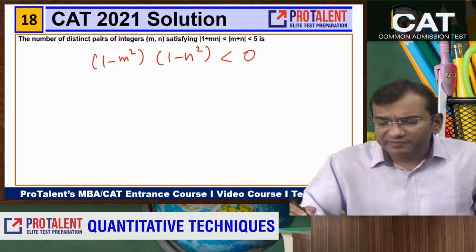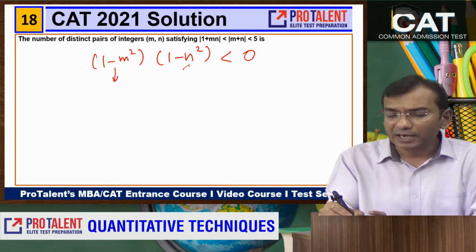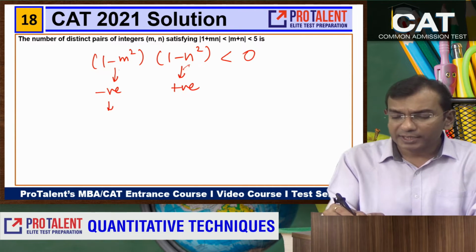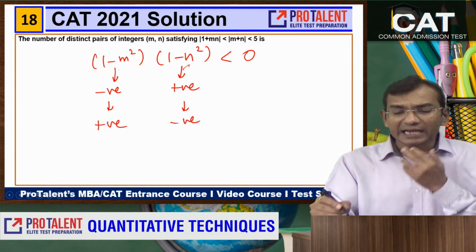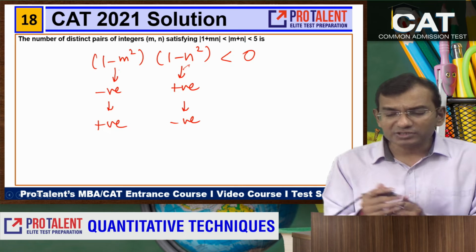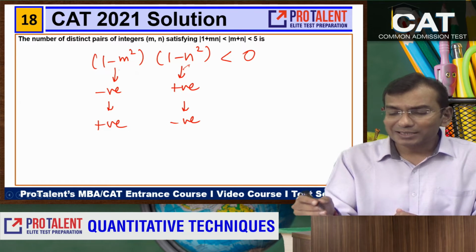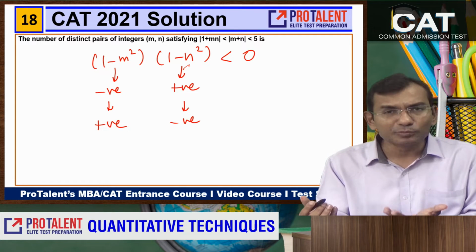m square पॉजिटिव है, n square पॉजिटिव है, मतलब एक नंबर आपका नेगेटिव हो और एक नंबर आपका पॉजिटिव हो. ठीक है, ये पॉजिटिव हो और ये नेगेटिव हो। अब आपको ये पता है कि आप m स्क्वायर कुछ भी करो पॉजिटिव आएगा, yes or no? So you can't get a number with integer saying that to be negative.